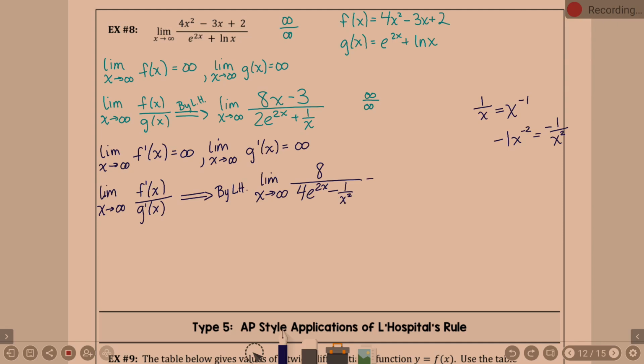Okay, folks. On top? 8. 8 is 8. On bottom? 4e to the 2x. That's the idea of infinity. Now, it's minus that small little thing, but that's a small little thing. So it's just going to be 8 over infinity. So you have a constant number that's just stationary, 8, over a denominator that's getting increasingly bigger.